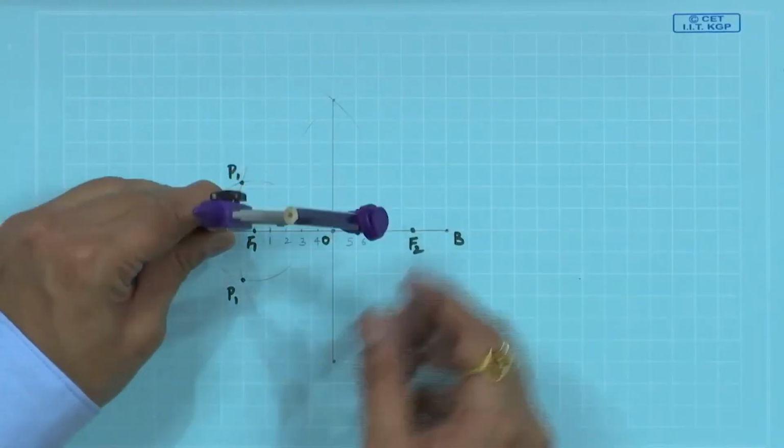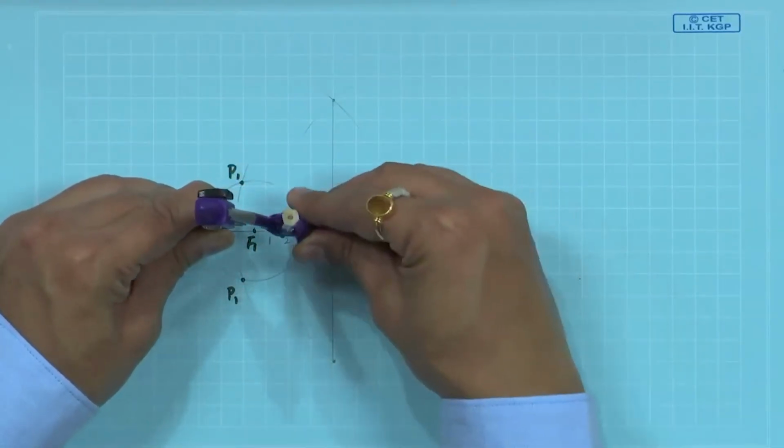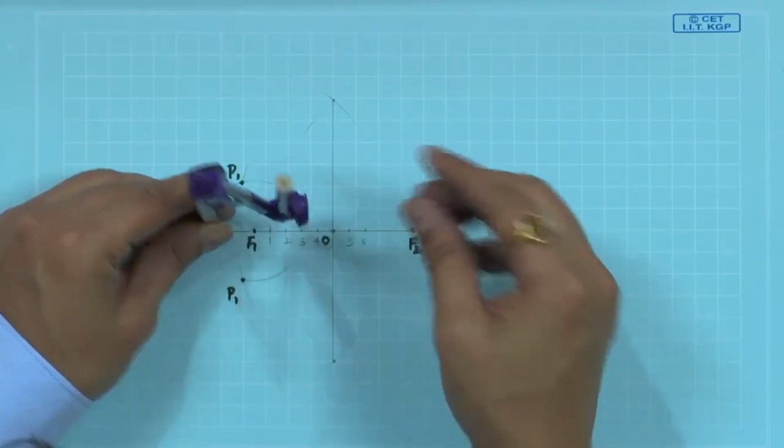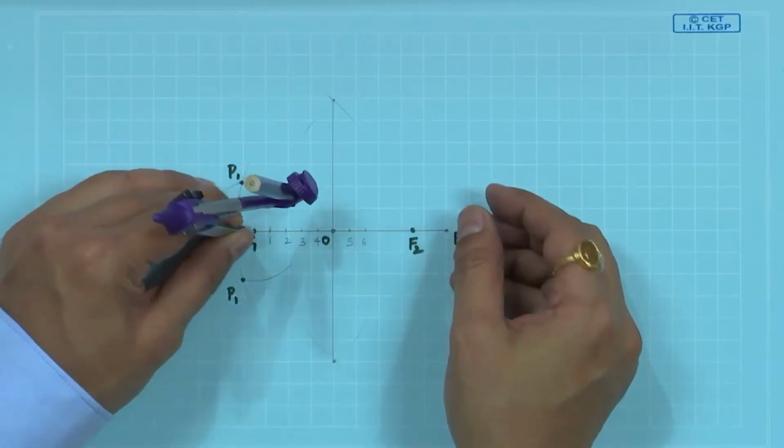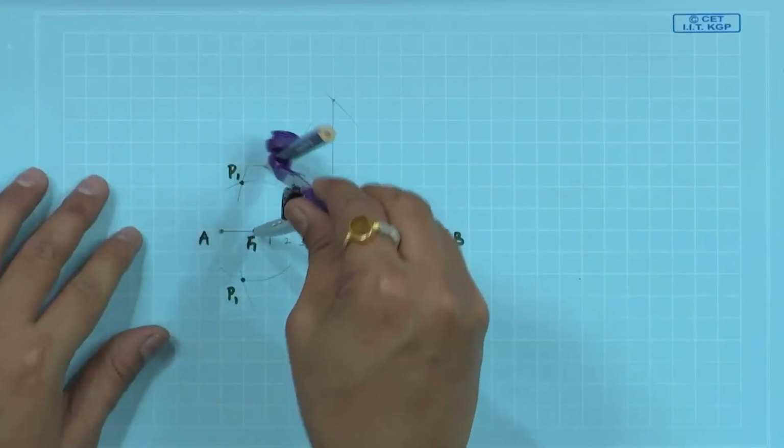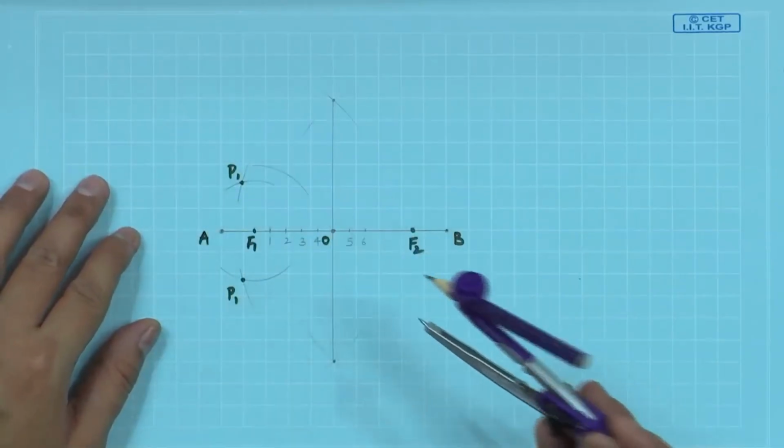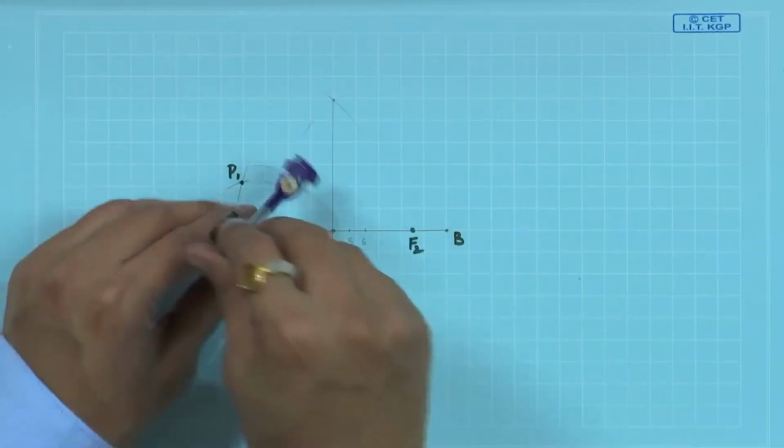Now, A to 2, pick that point. This is A to 2, centered around the focus F1, on both sides.